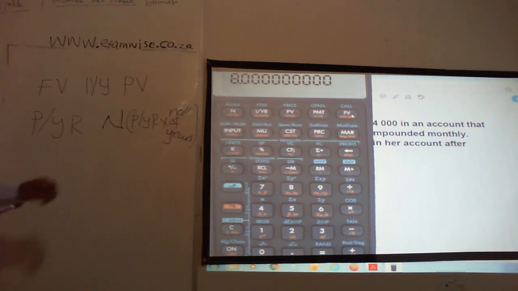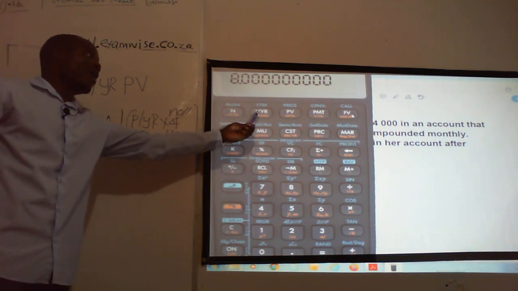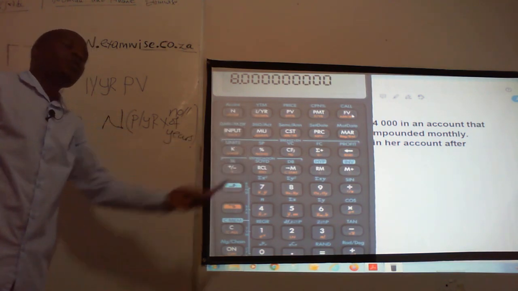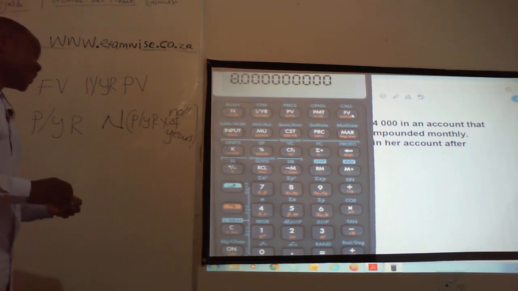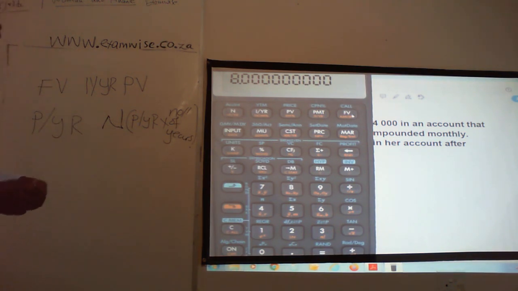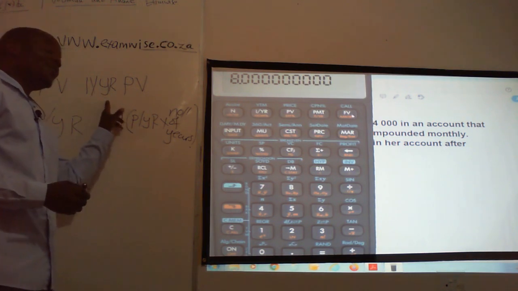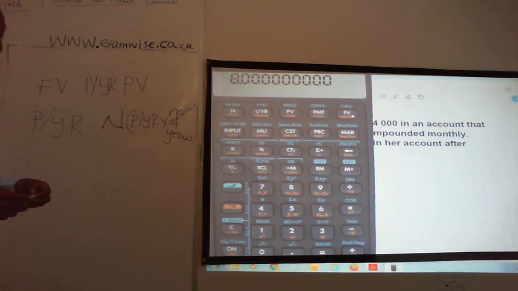And then after that we have 1 over yr, which represents our interest rate. What is very important when we are using our financial calculator is that we enter our interest rate as it is. We don't enter it as a percentage.